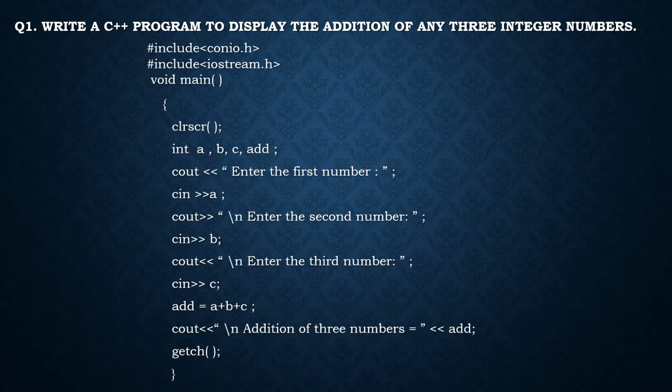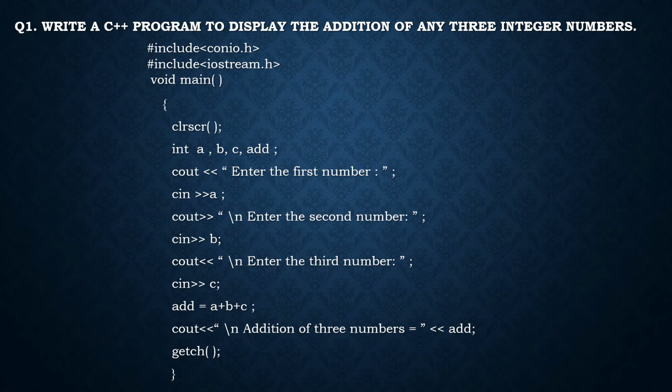After writing this statement, you have to enter the value. Where will you store the value? You will store the value in a variable. So cin object, then a. I have already discussed that cin is used for taking values from the keyboard by the user, and cout is for displaying any result or statement.